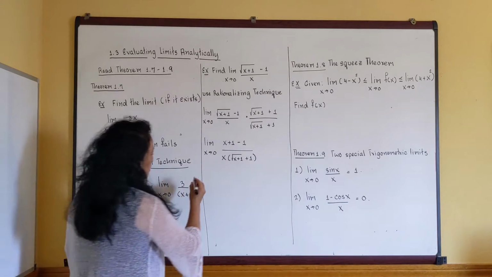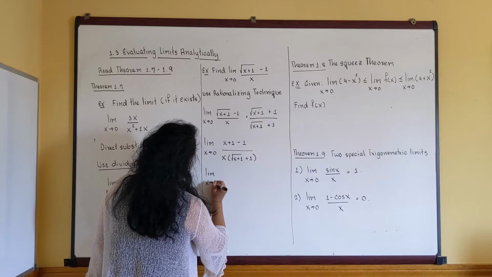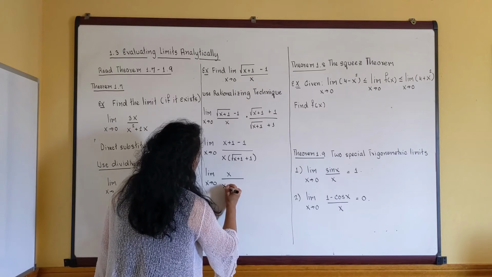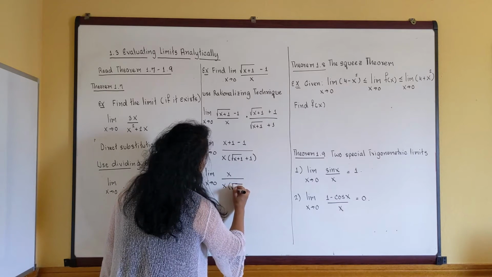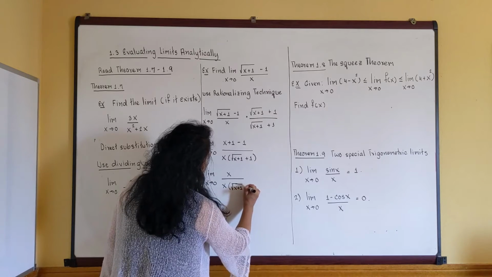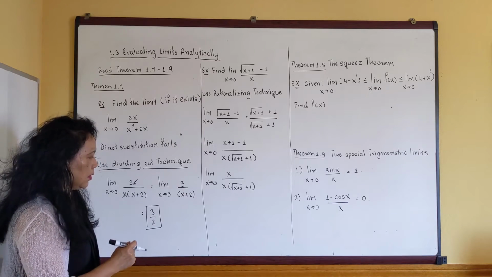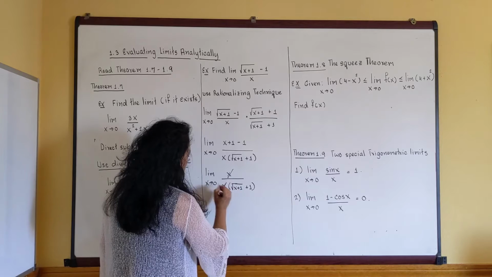Alright, now I'm going to simplify this a little bit. So limit as x approaching 0, the plus 1 minus 1 cancel out. So I'm left with x over x times square root of x plus 1 plus 1. Again, x is approaching 0 but not equal to 0. It's just approaching 0. So I'm going to reduce this.